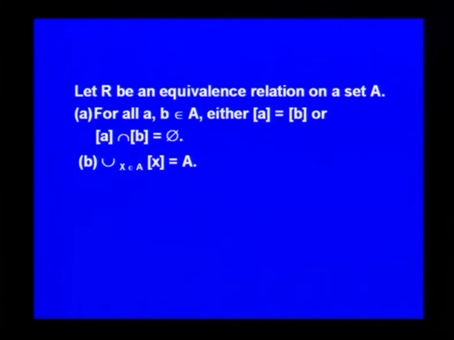Let R be an equivalence relation on a set A. Then for all a, b belonging to A, either the equivalence class of a is equal to the equivalence class of b, or the equivalence classes of a and b are disjoint, and the union of all the equivalence classes constitutes the set A. We have to look into the proof of this.